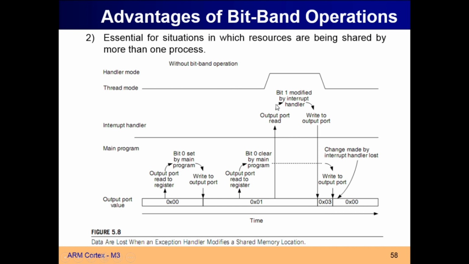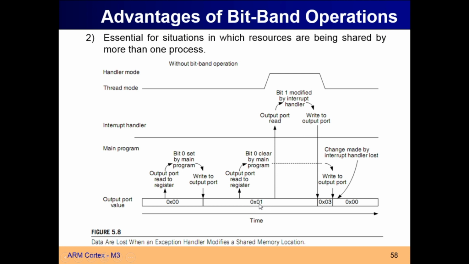Why? Because the interrupt handler has set the first bit, right? And that first bit has been set means it will be 0x02. If the previous value was written here itself, what will happen? When you are clearing the 0th bit, you will be getting 0x00.